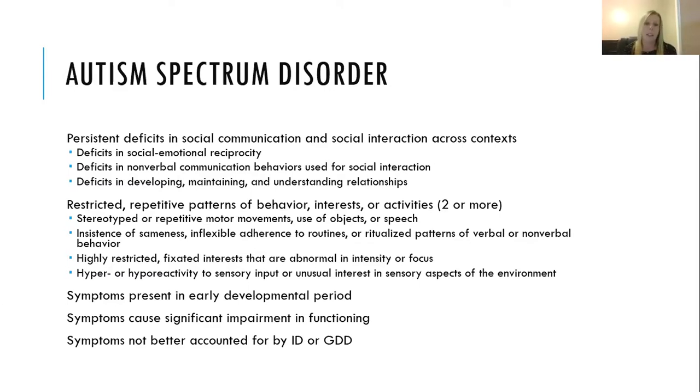And this criteria falls under stereotyped, repetitive motor movements. So we're looking at body rocking, and echoing, if we're seeing a lot of speech being echoed. Also looking at insistence on sameness, routine, or ritualized patterns of behavior.